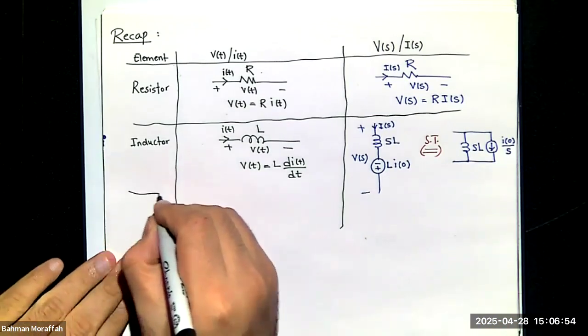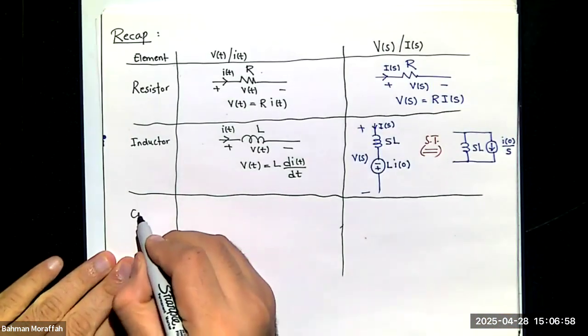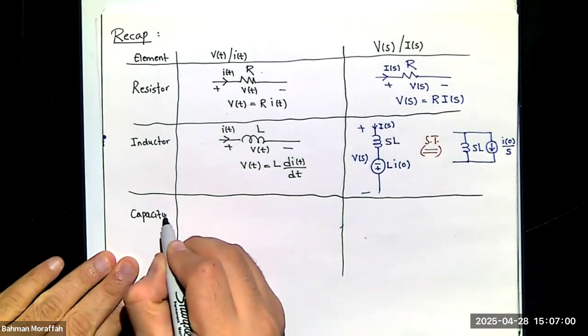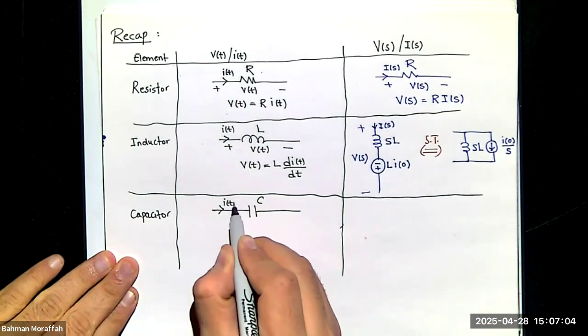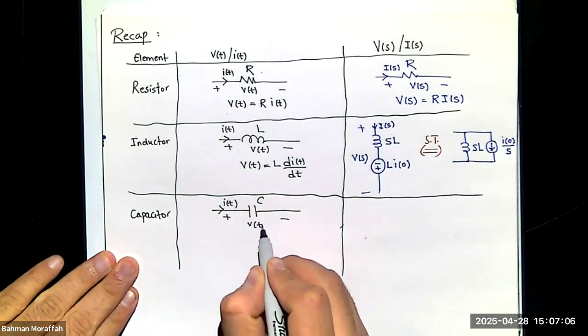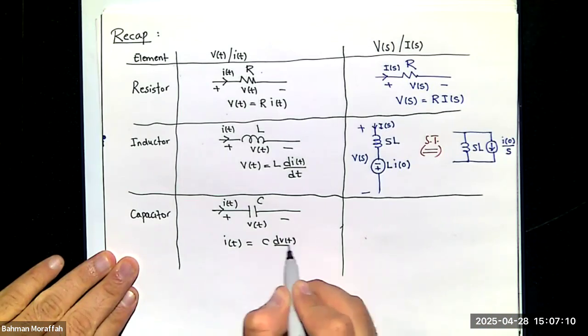And the last element that we have is a capacitor. So if I have a capacitor with value C, let's just say current through it is i(t), voltage across it is v(t). I know i(t) is C dv(t)/dt.